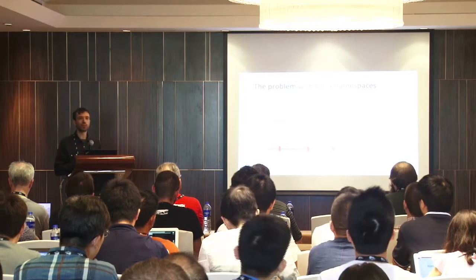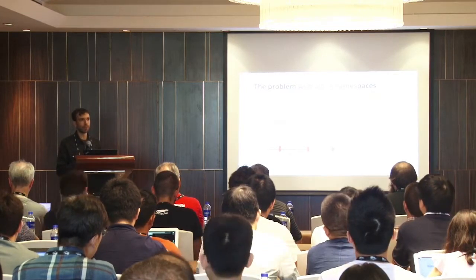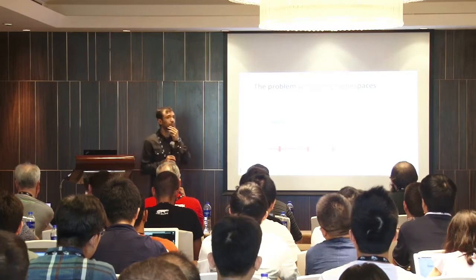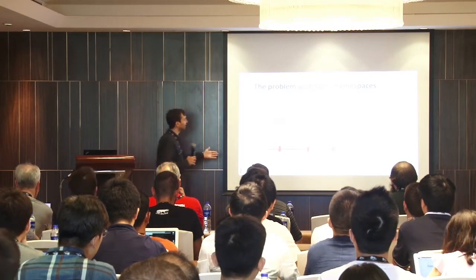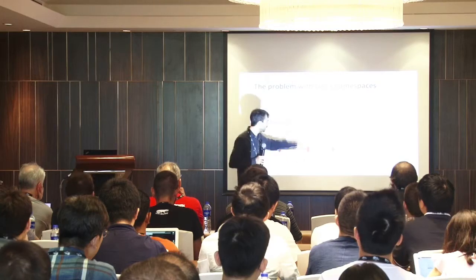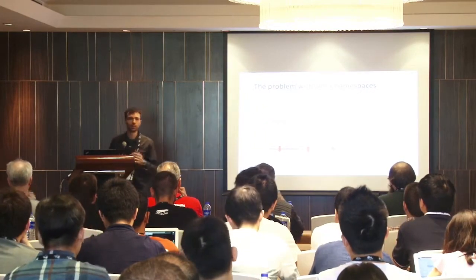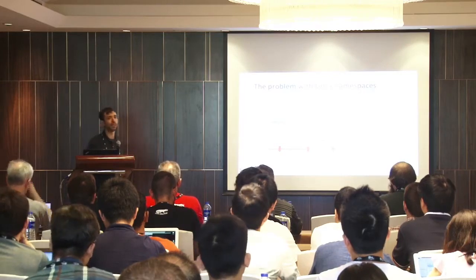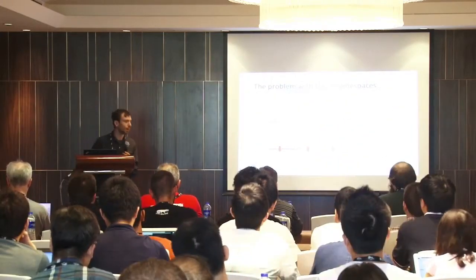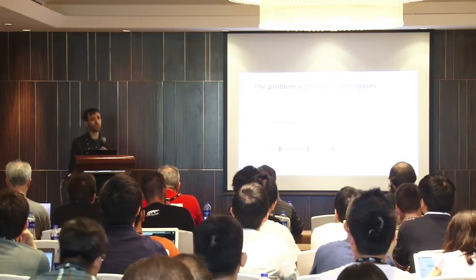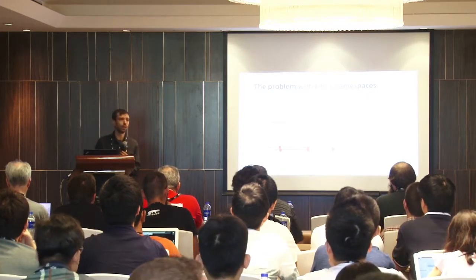And I'm going to start with the one I talked the most about last year, that is security. So the main problem with Linux namespaces is the shared kernel. Obviously all these apps are running on a single Linux kernel, and as you know, the Linux kernel interface to application is very large. It's difficult to secure. There are a number of privilege escalations being discovered for every Linux release.